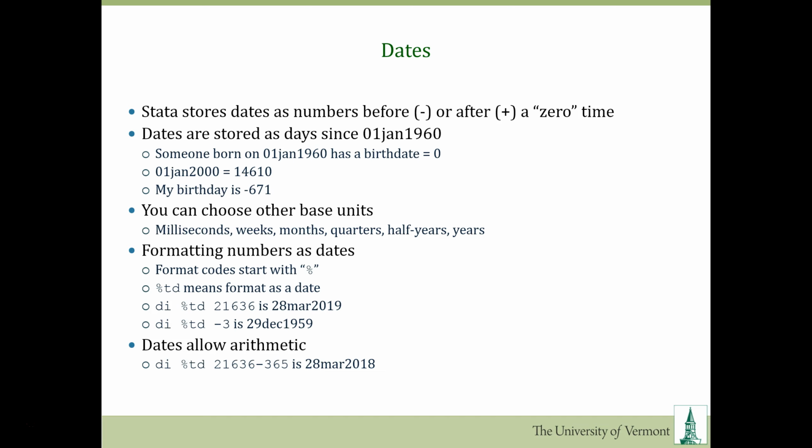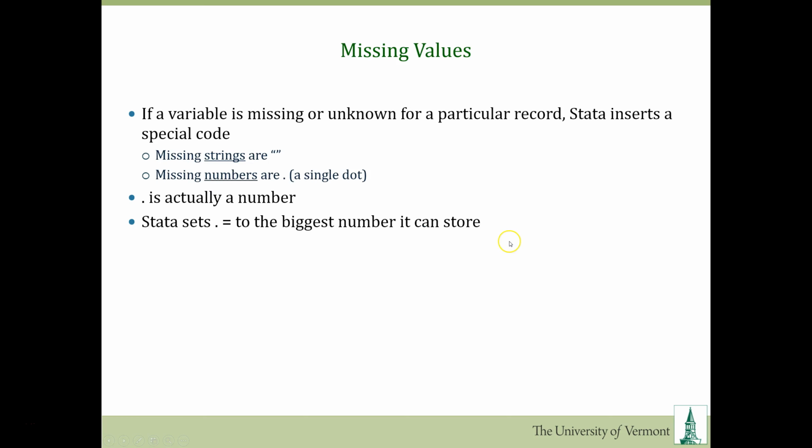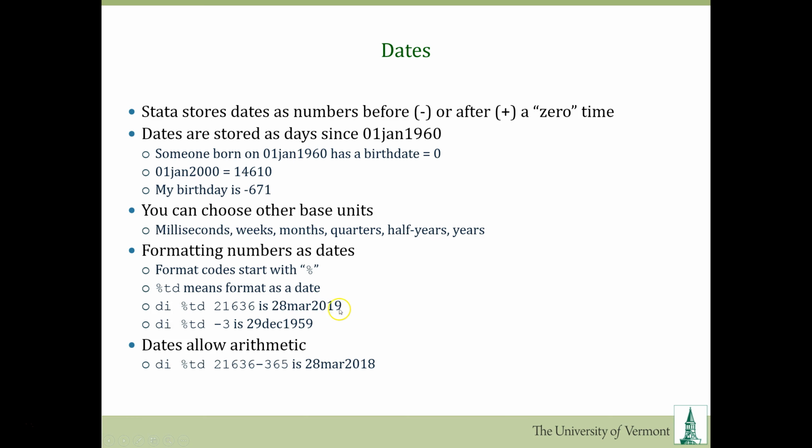So if you display %TD 21636, what you get is 28 March 2019. And if you display TD -3, well, that's 3 days before New Year's 1960, or 29 December 1959.